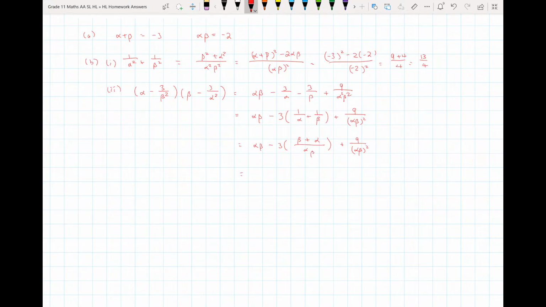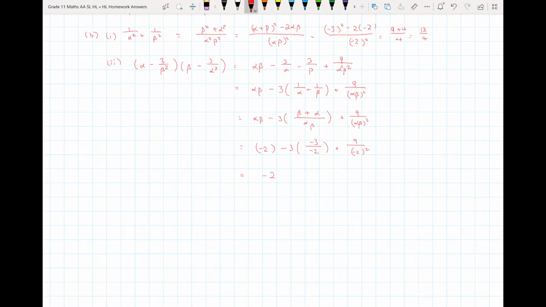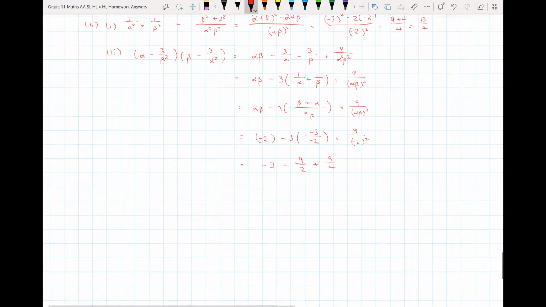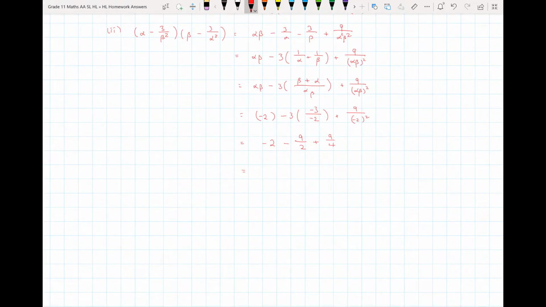So let's just substitute what we have. On the top, we have minus 3. On the bottom, we have minus 2. Just be careful with your negatives. This is still negative. And the last term is 9 over 4. So let's just write everything on top of 4. And then we have negative 26, and then negative 17 over 4.